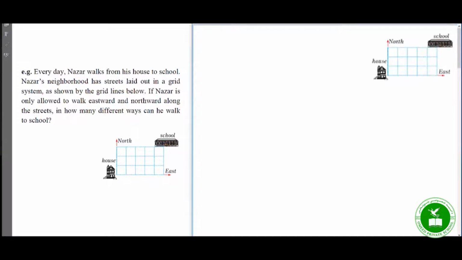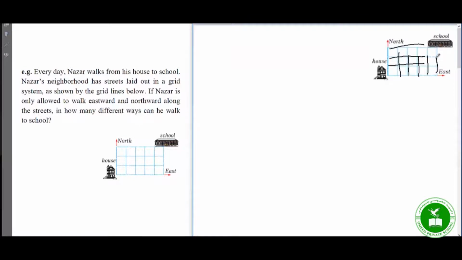How many different ways are there that Nazar can walk from his house to school? As you see here, we have 3 eastward streets, all of them identical or the same, and we have 5 upside streets: 1, 2, 3, 4, and 5. 3 streets go to the east side, and 5 streets go to the north side or upside.